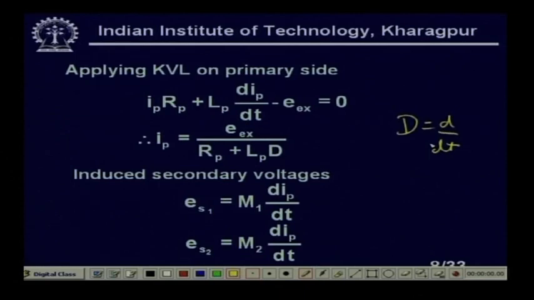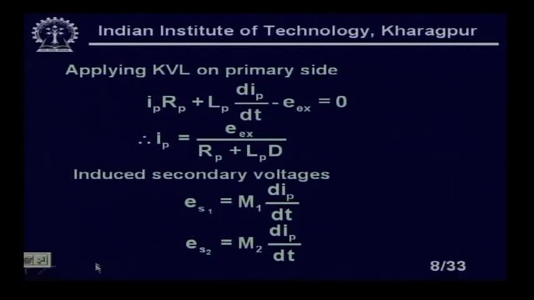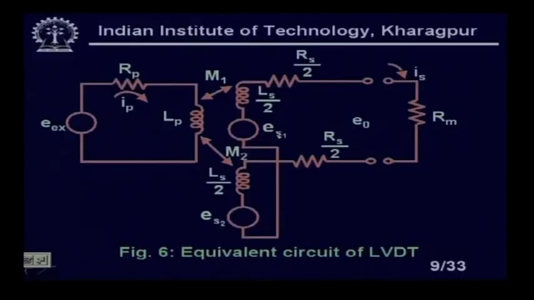Okay. So, I can come back, you see here, Ex equals (Rp plus Lp D) Ip, and the induced secondary voltage Es1 is M1 dIp by dt, and Es2 and Es1 we have already seen. If I go back, you see Es1 is this one and Es2 is this one.